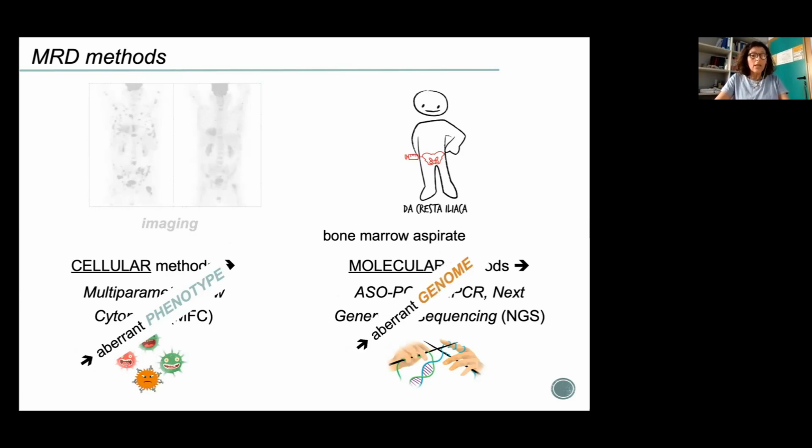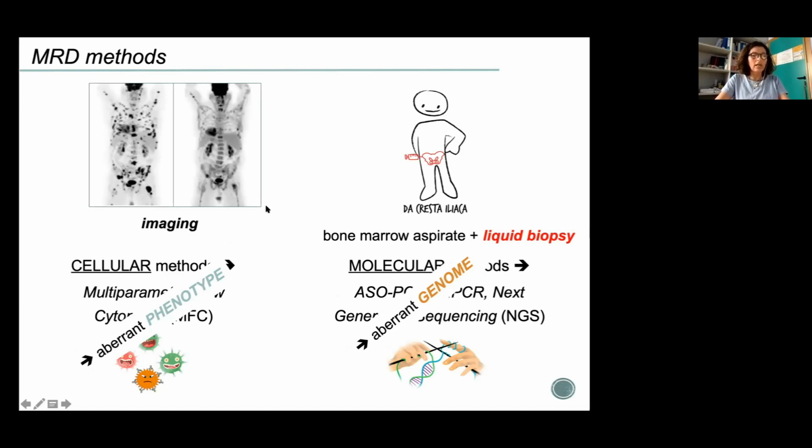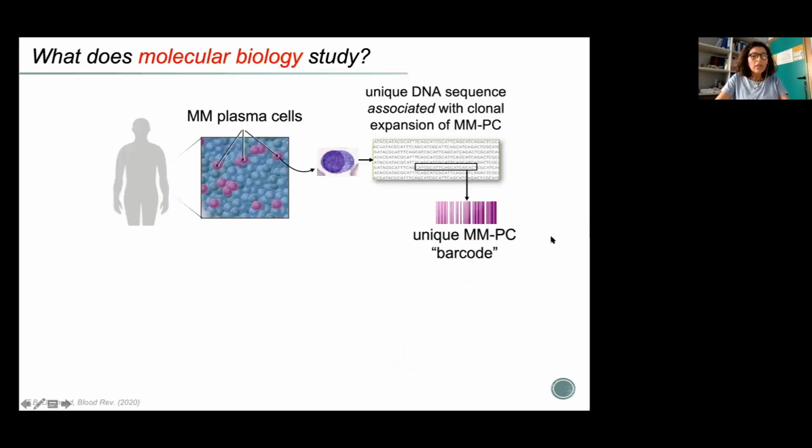More recently, the wide distribution of the disease in the body has finally suggested that the disease might spread throughout the peripheral blood, thus highlighting the possibility to use the peripheral blood to monitor the disease. Today, we will focus on the molecular biology approach of minimal residual disease within the bone marrow.